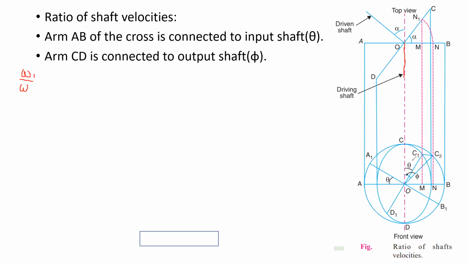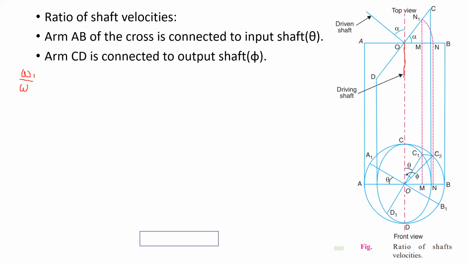Okay, but you know that the plane of the arm CD is inclined to you, and whatever angle of turning is visible to you is not its true angle of turning. Okay, in order to find its true angle of turning, you have to take the projection back from the ellipse to the circle. Okay, so this point C1 is projected on the circle at C2 here.